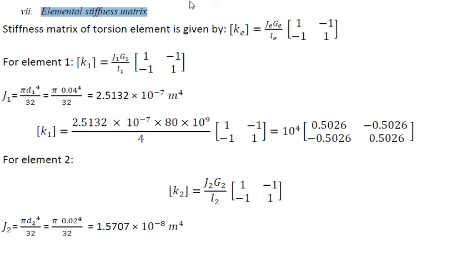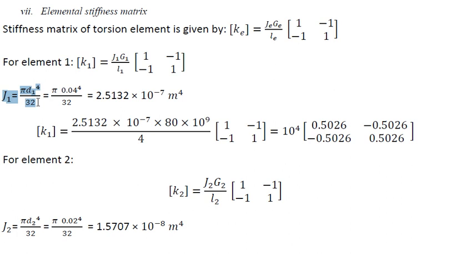The elemental stiffness matrix for the first element is given by Gj by L, 1 minus 1 minus 1 1. We know D1 is 40 millimeter. I am converting into meters because length is given in meters and T is given in Newton meter. The polar moment of inertia is given by pi d to the power of 4 by 32.